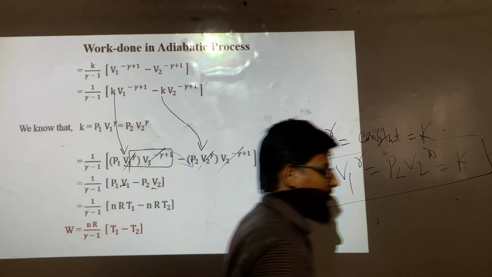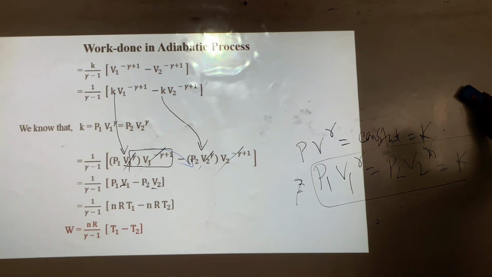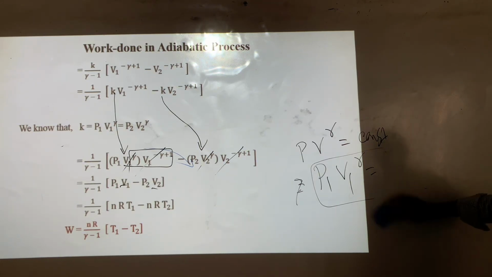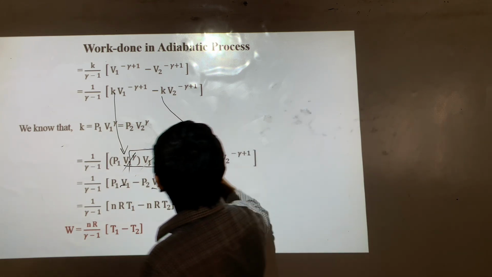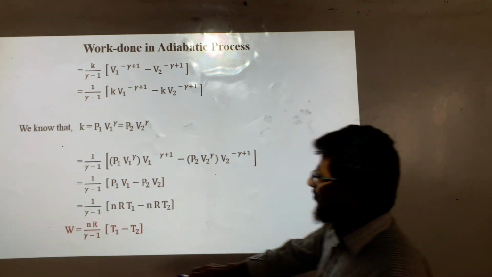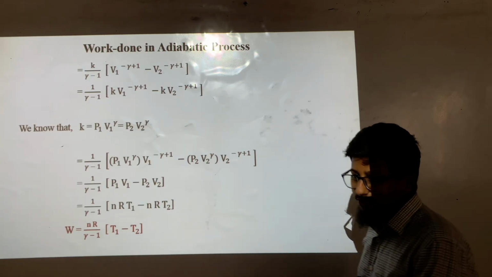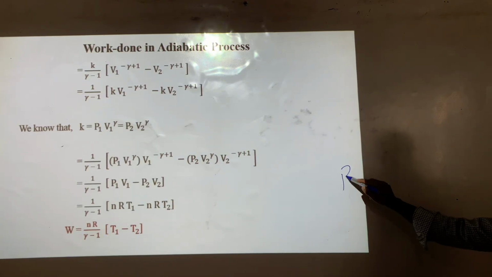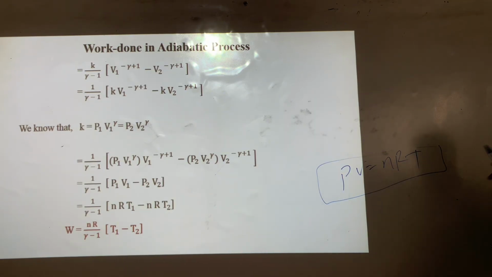I'll just erase the writings on the board. We have P1 V1 minus P2 V2, and we know that PV is equal to nRT, right? In an adiabatic system, temperature can change.